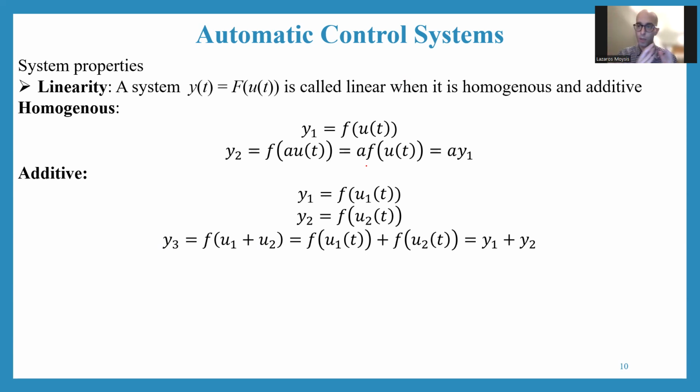So let's say I'm having a system, I'm giving it some input and it behaves like that, right? If I multiply the input by 2, the output is going to be twice this output that you see right here. And I'm going to try and draw it.